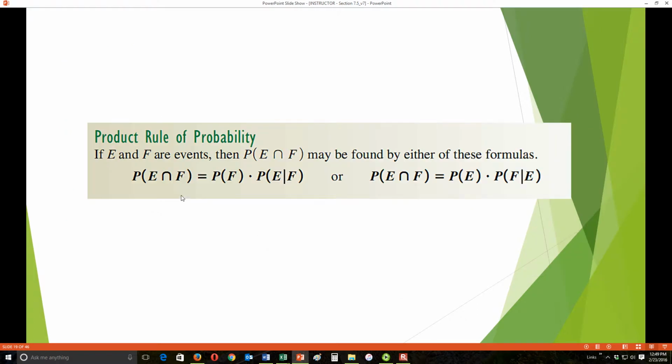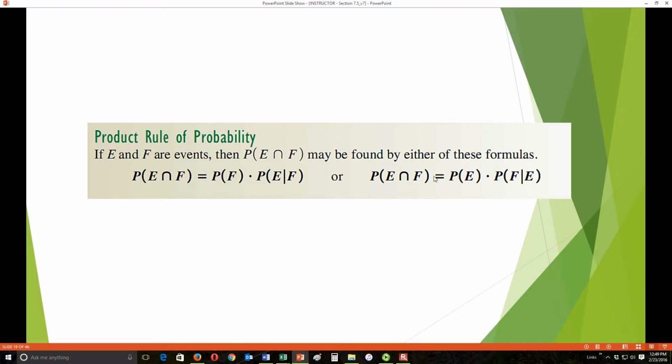Let's expand our rule. We knew the probability of E given F was the probability of their intersection divided by the probability of F. If we move the probability of F over, we wind up with a new formula for the intersection. The probability of E intersect F equals the probability of F times the probability of E given F. Now, we also know the probability of E intersect F is the probability of E times the probability of F given E, because we could manipulate both of these formulas.